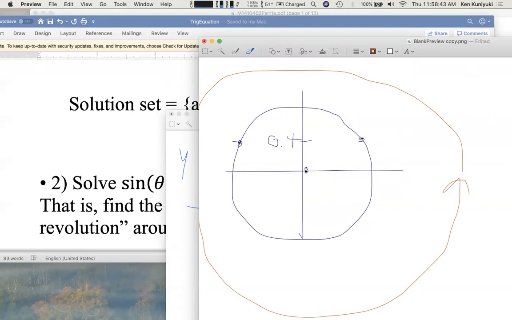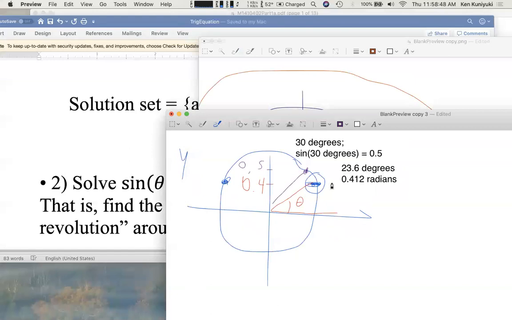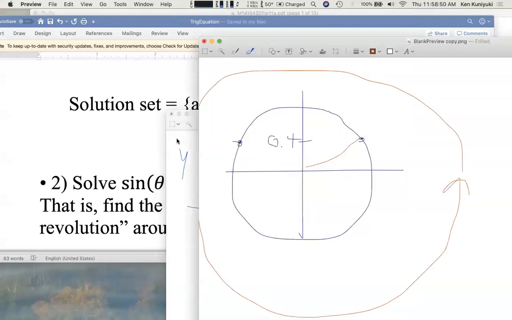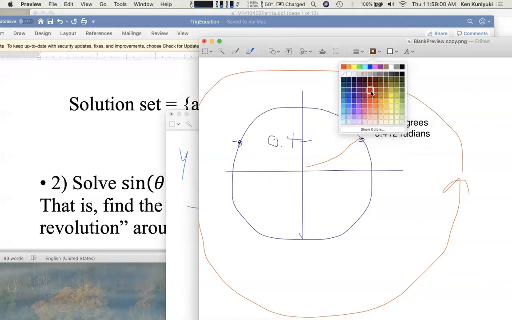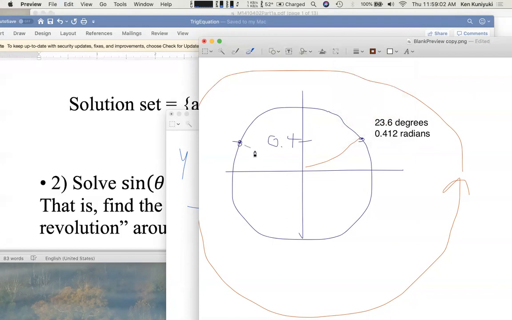what angles do we pick up? Well, we pick up the same acute angle that we did before, the whole 23.6 degrees or 0.412 radians. In fact, I can copy this. So we get this acute angle over here, but wait, we also have this supplementary angle over here. It's a brother, a coreference angle. They have the same reference angle, namely this. Now, how can we get a measure for this supplementary angle in quadrant 2?